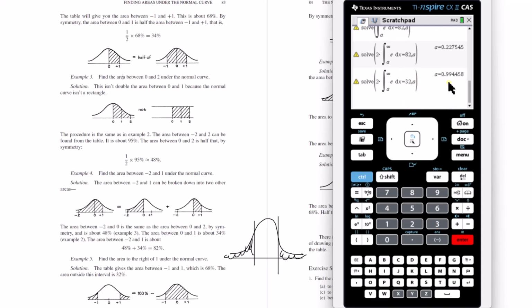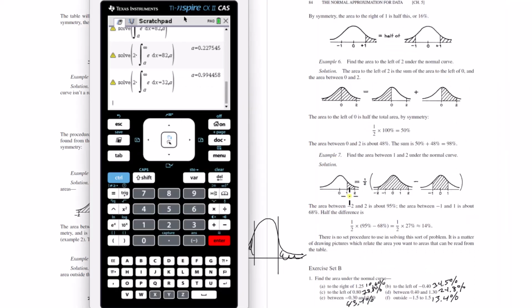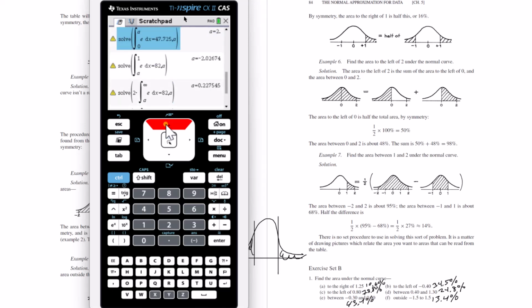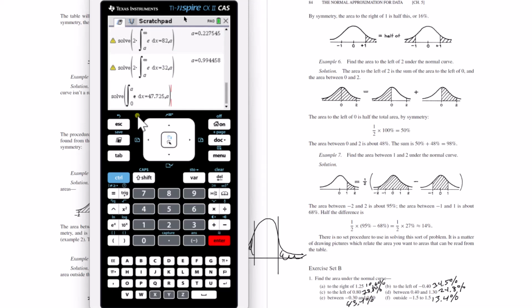There you go. See? Now, for this situation, it's not as simple. It is simple if you know either one of these boundaries, right? And you're trying to solve for the other one. But if you don't know either boundary, what I was hoping would work is, the area between 1 and 2 is about 14%.